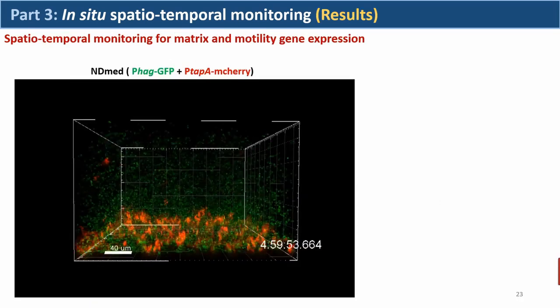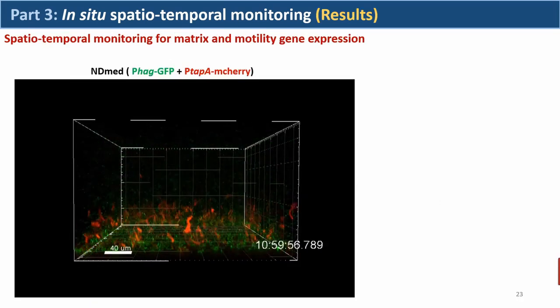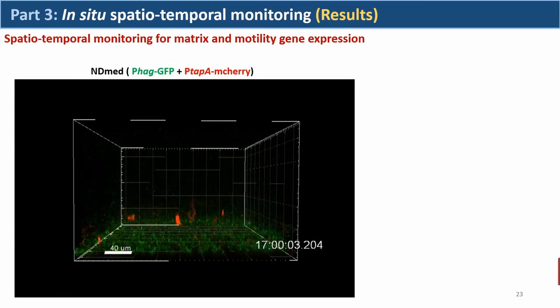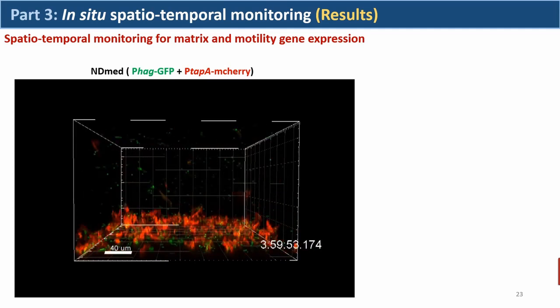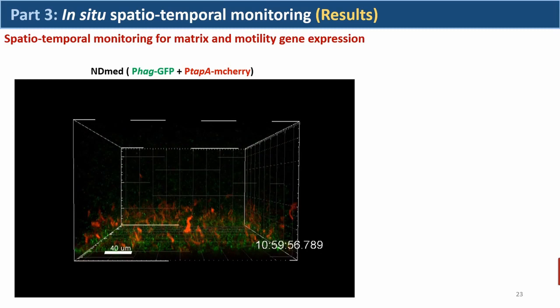Now, another example of this construction of two oppositely regulated genes, also here in NDMed, is reported by GFP on the promoter of HAG, which is required for motility, and mCherry on the promoter of TapA, which is required for matrix production.